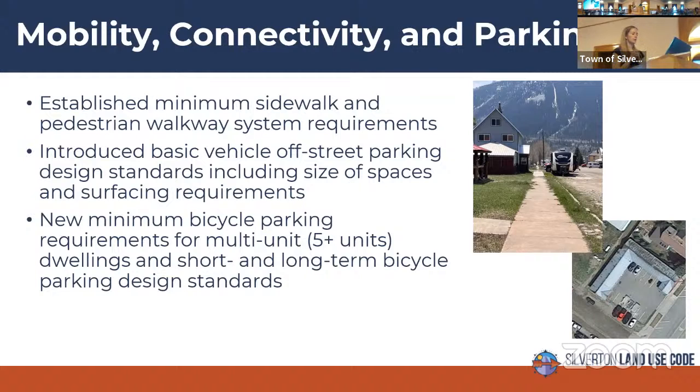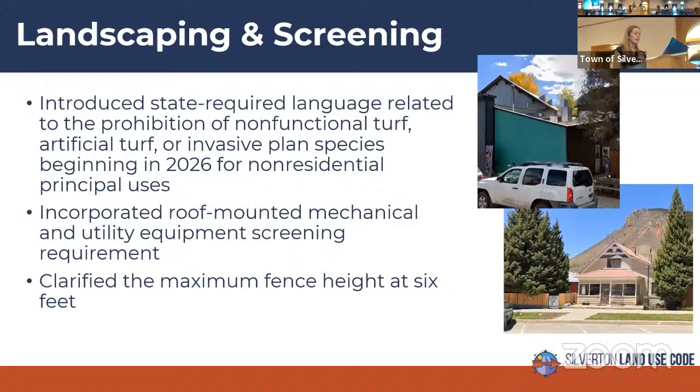And that also includes some basic design standards, depending on whether it's short term, so things like a bike rack, or if it's long term, so things like bicycle storage in an apartment building. Next slide, please. Next is landscaping and screening.